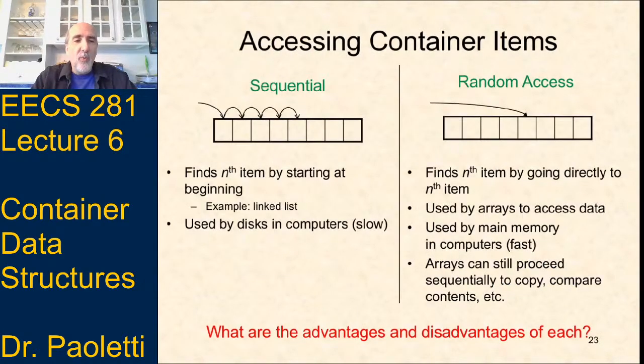Now, when we create a container, I've got to decide up front, what kind of access am I going to allow to my container? I could allow sequential access. You've got to look at the fifth item, you've got to look at the 4 that come before it. I could allow random access. I could allow both. It depends on what I want to accomplish with this container.